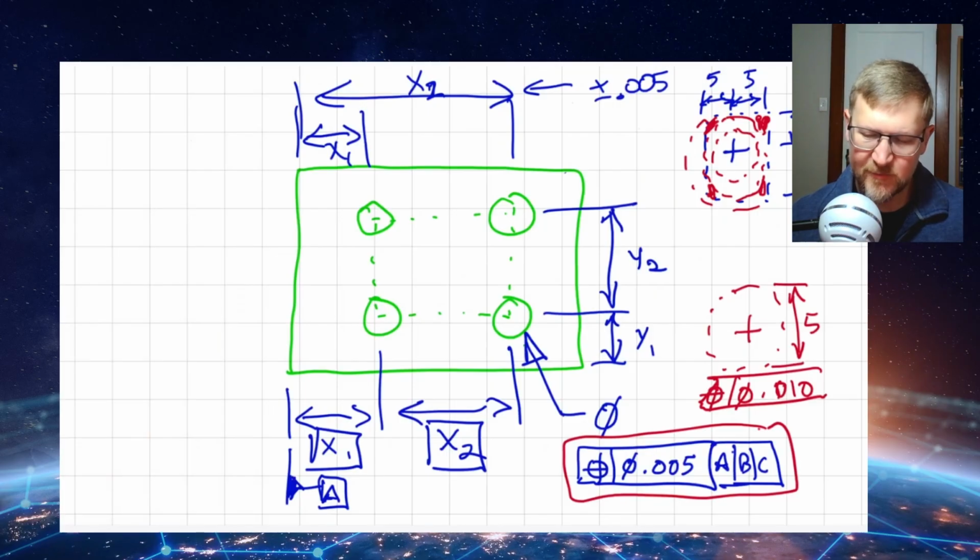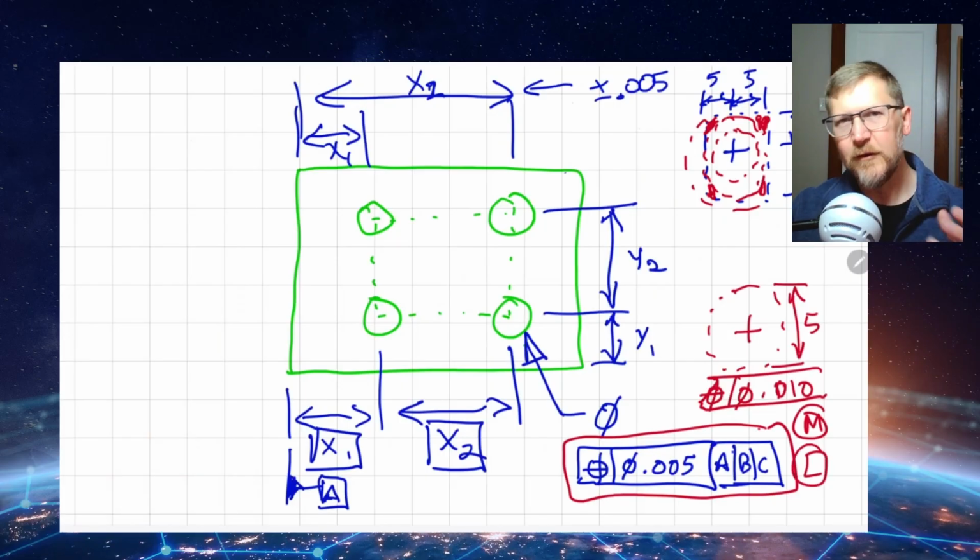But another aspect to this is that you can define these position tolerances based on the relative size of the hole. So they have modifiers, for example, maximum material or least material condition. And so you can actually specify that, okay, this dimension applies at the maximum material condition.